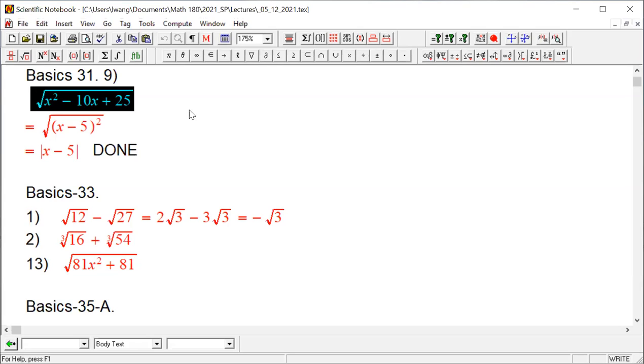Now, look at the comments I put at the bottom of 31. What did I say? You'll be lucky if you see this kind of expression in the middle of algebra tasks. Sometimes they show up in different statement forms.